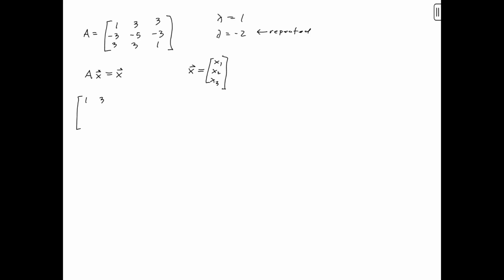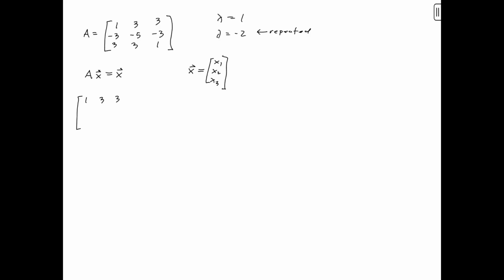And so then I get that 1, 3, 3, negative 3, negative 5, negative 3, 3, 3, 1 times x1, x2, x3 is equal to 1 times x, which is x1, x2, x3.